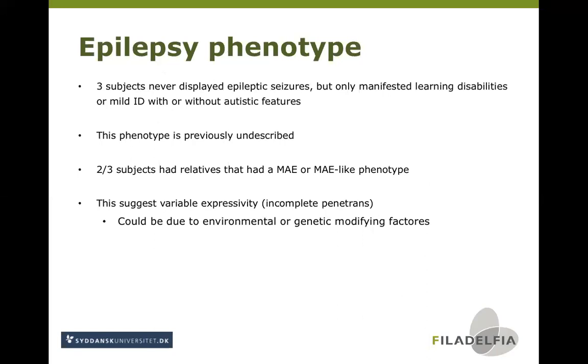And in 2 of these 3 subjects, there was a relative who had a true MAE or an MAE-like phenotype, so a relative who had seizures. This suggests that there's a variable expressivity of this phenotype, which we don't know why, but it could be due to genetic or environmental modifying factors.